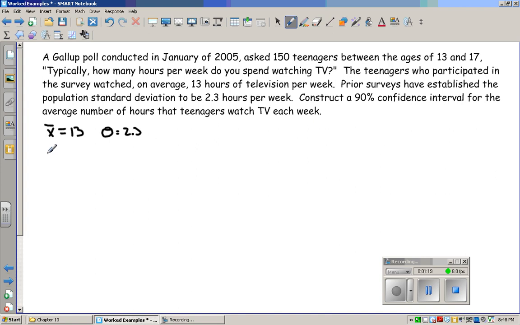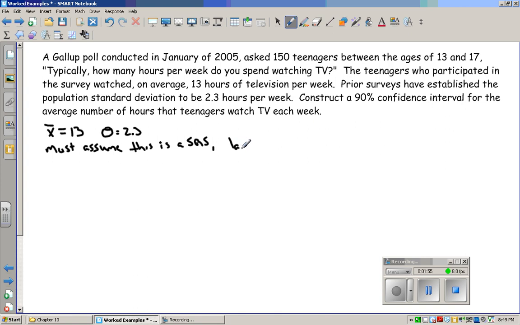We need to test our assumptions. So there's 3 assumptions for confidence intervals. First, it didn't tell us that it was random, so we must assume this is a simple random sample. We also need to establish that it is approximately normal, and it said that they asked 150 teenagers.